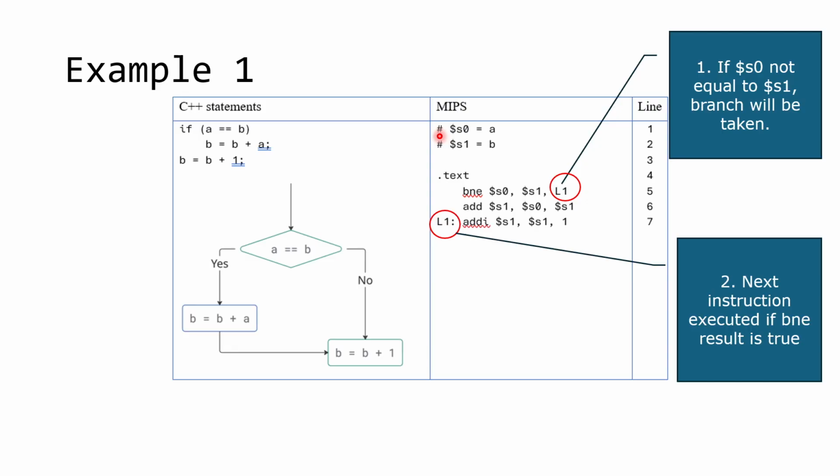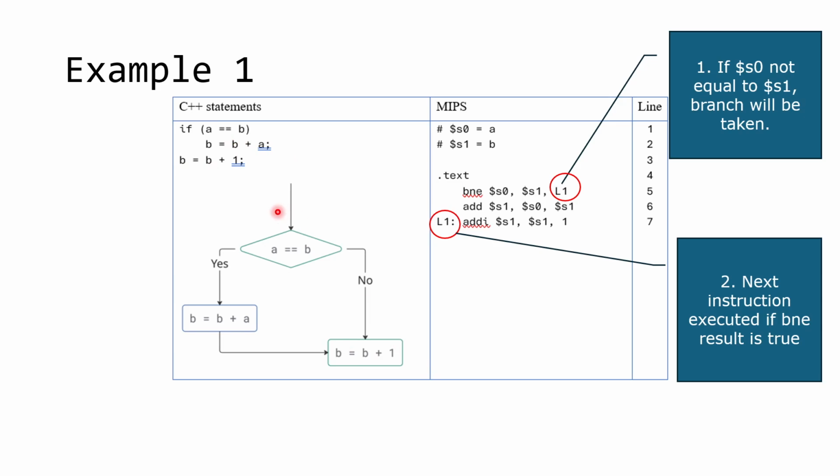Example 1. In the C++ statement, if A is equal to B, then we will execute B is equal to B plus A. However, if A is not equal to B, meaning it is a false statement, it will skip B is equal to B plus A and execute B is equal to B plus 1.